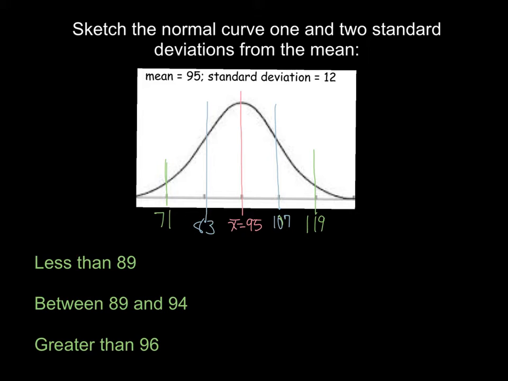Now let's say, given the mean of 95 and the standard deviation of 12, that we were asked, to the nearest whole percent, it would say in the directions, to find the percentage less than 89. Well, in your calculator, you would go to second vars, again, second distribution, it says DISTR. Go down to number 2, which is norm CDF.